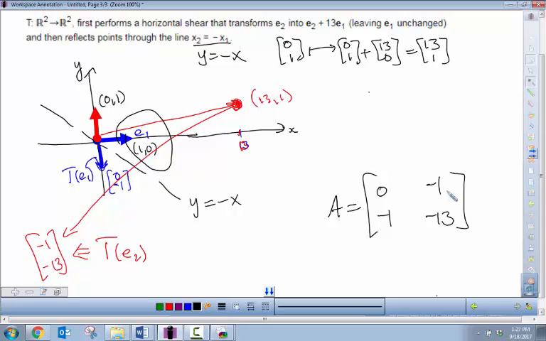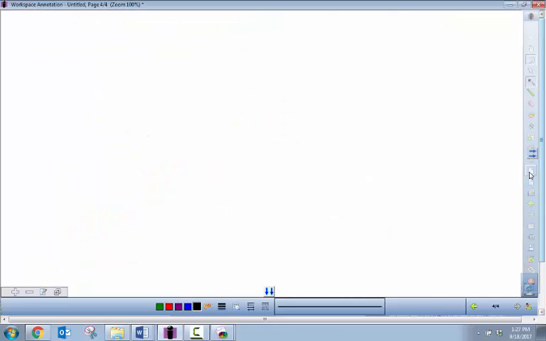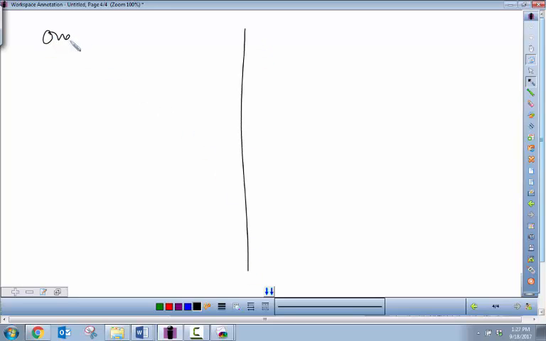All right, so that was a good question. Now let's talk about one-to-one and onto for these matrices. What do you remember from pre-calculus when you heard one-to-one? So vertical line test would be a function.